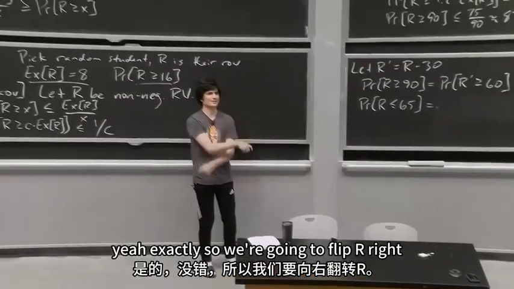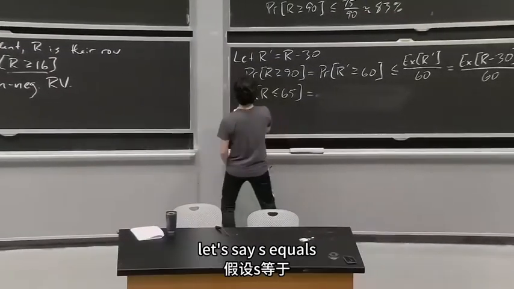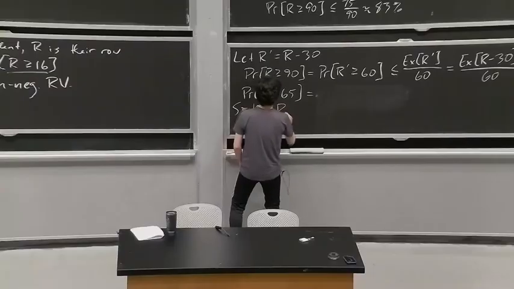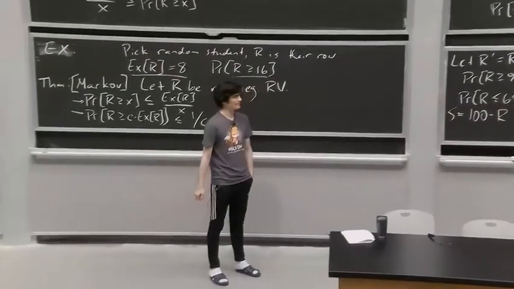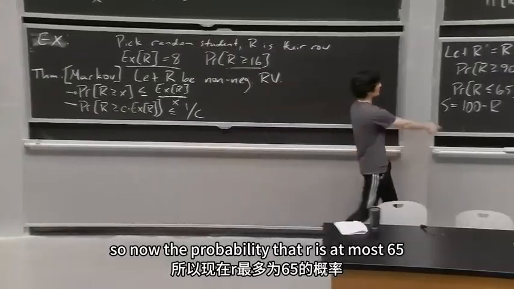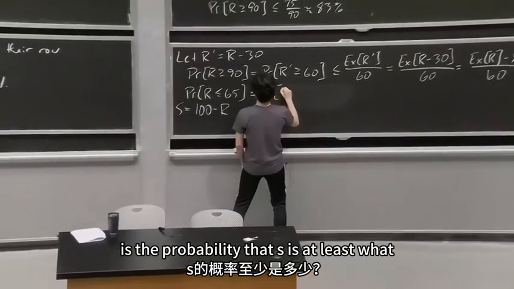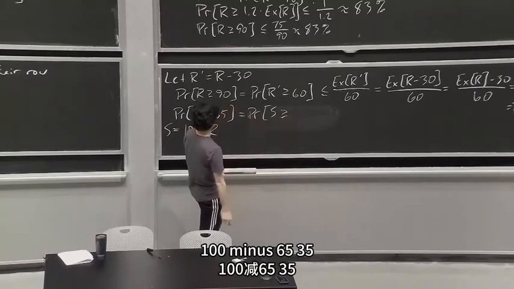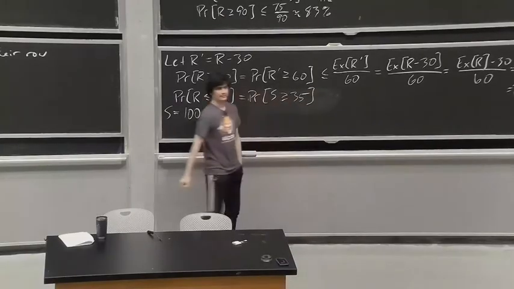So we're going to flip R. We're going to define a new random variable, let's say S equals 100 minus R. So now the probability that R is at most 65 is the probability that S is at least 100 minus 65, 35.